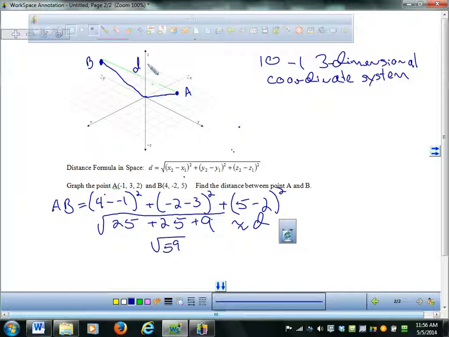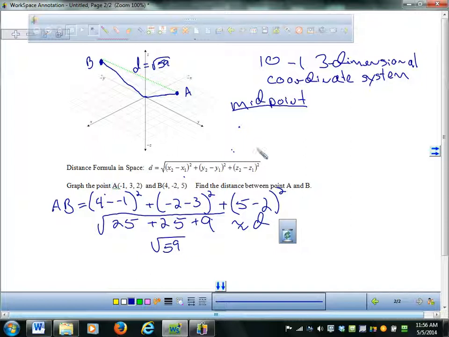In that case, that's the square root of 59 from here to here. Basically, where that comes from is just doing the Pythagorean theorem twice. Then we also have the midpoint formula in 3D. Just like you have the midpoint formula for x's and y's, you can have the midpoint formula for x, y's, and z's.